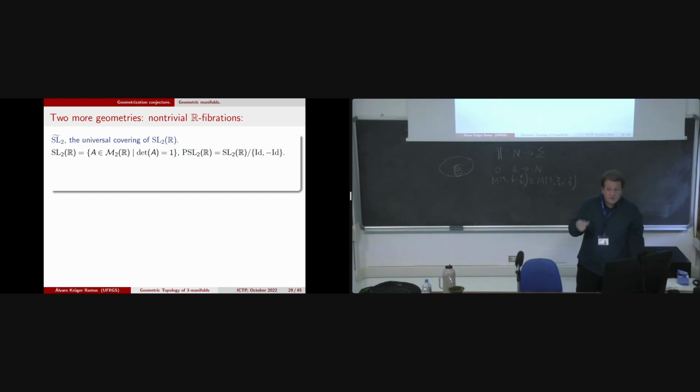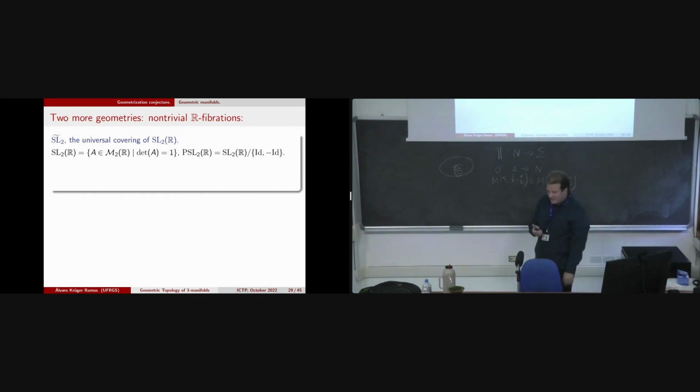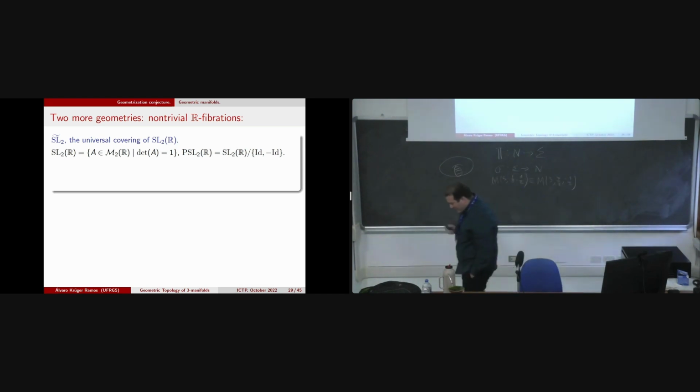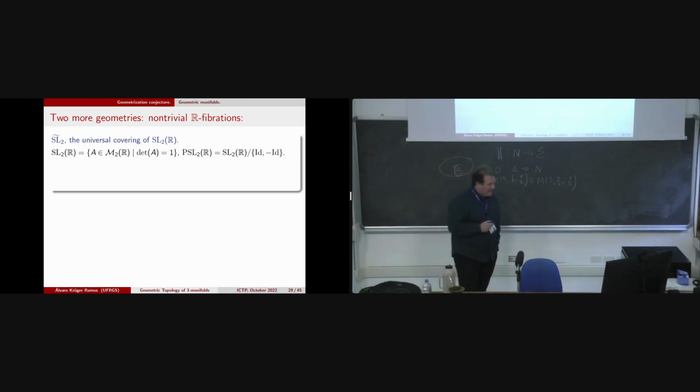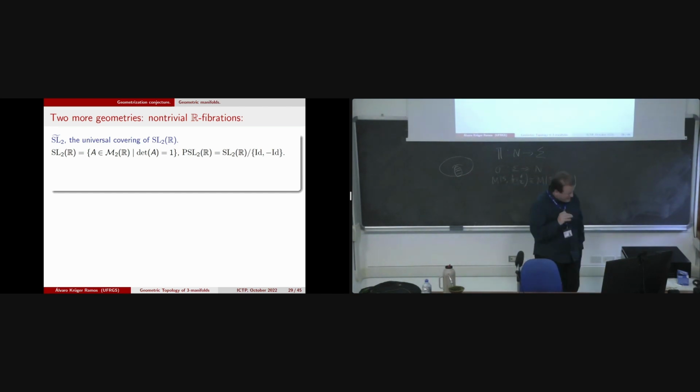The other non-trivial R fibration is SL2R tilde. I used to be scared of this space the first time I saw it, because the whole notation would be PSL2R tilde, and I was like, oh my God, too much information. But when you start looking at it, it's not so bad. You start with SL2R, which is the unit determinant 2 by 2 real matrices.